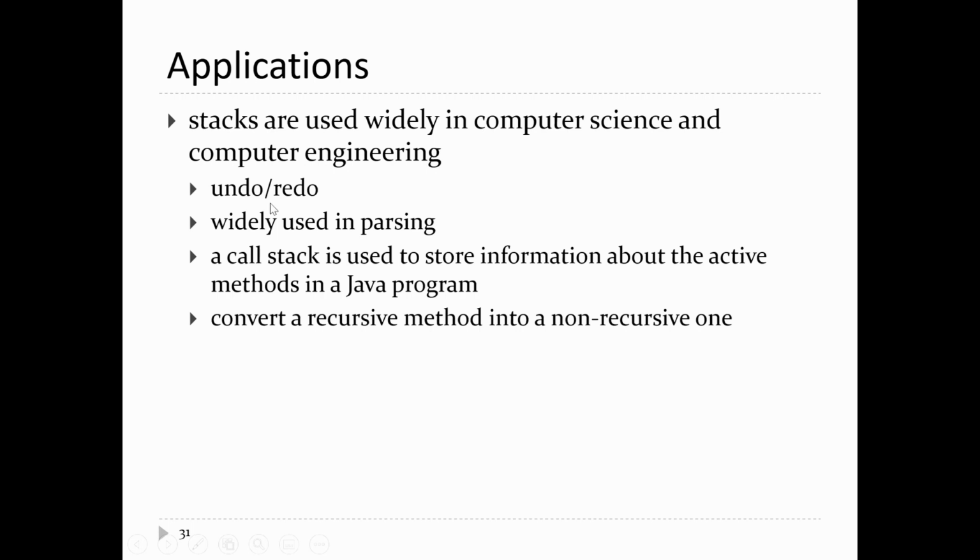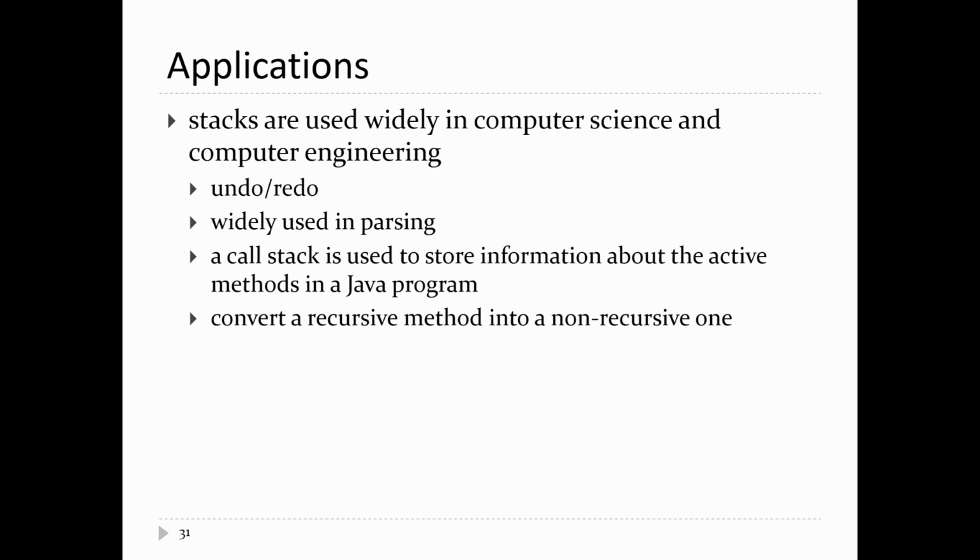So the most common place where a stack would have been used, that you've probably actually used on your computer, is when you do undo or redo. In most computer programs that have undo and redo, the way undo and redo works is there's some representation of a command.